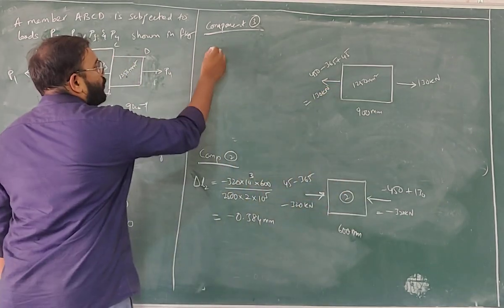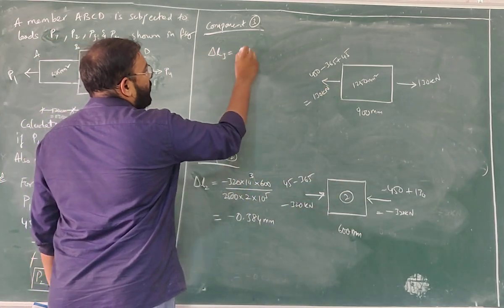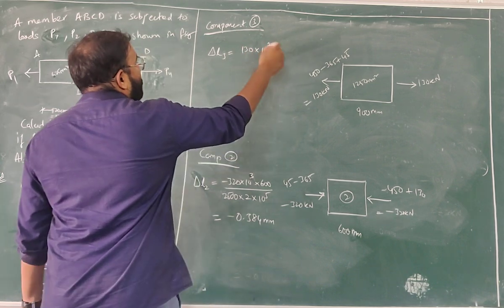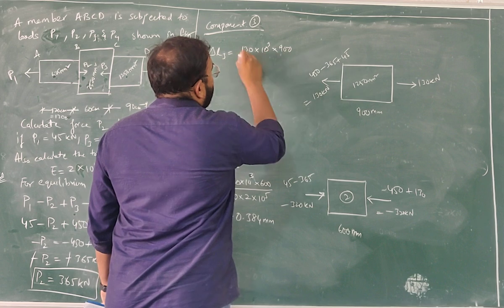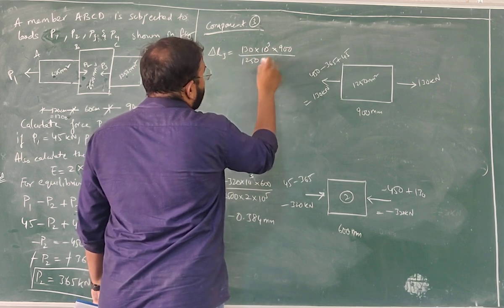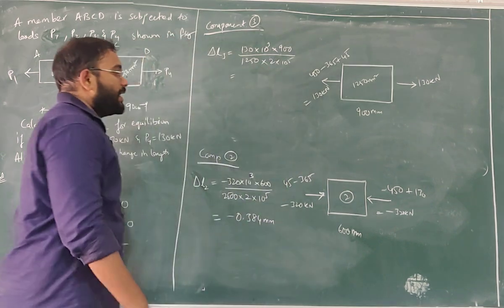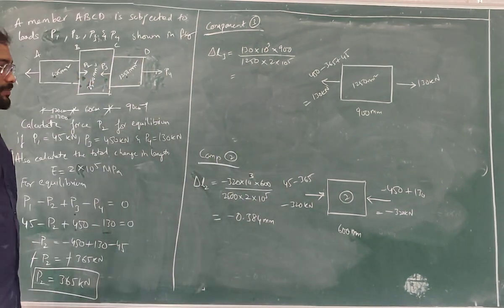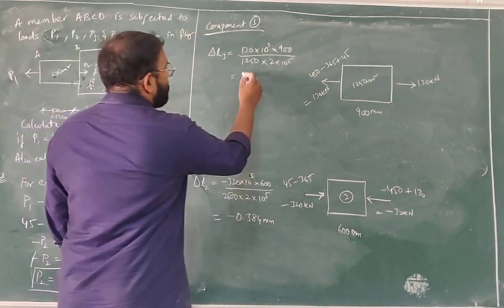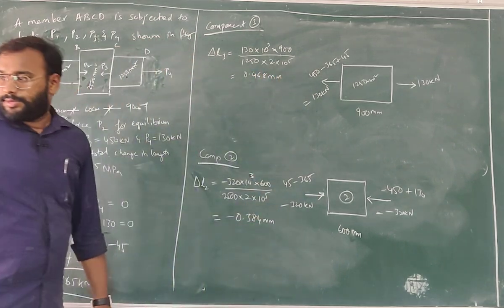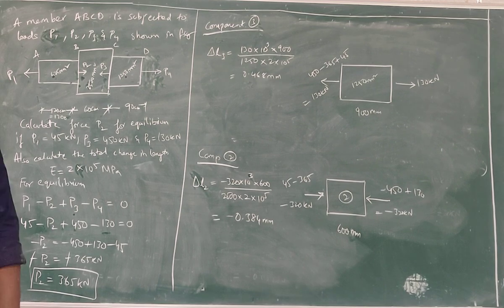Okay. So delta L3 will be equal to 130 into 10 power 3 multiplied by the length, 900, divided by area 1250 into E, 2 into 10 power 5. Delta L3 is 0.468 millimeter. Correct? Please check the answer.